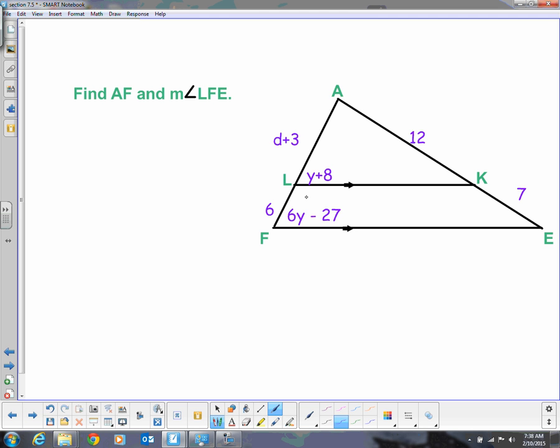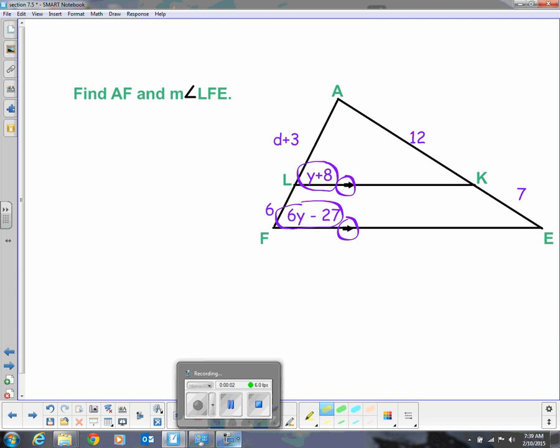So what do we know about these angles? Bree? Lines are parallel. So what kind of letters should you be looking for? What letters are associated with our parallel lines?